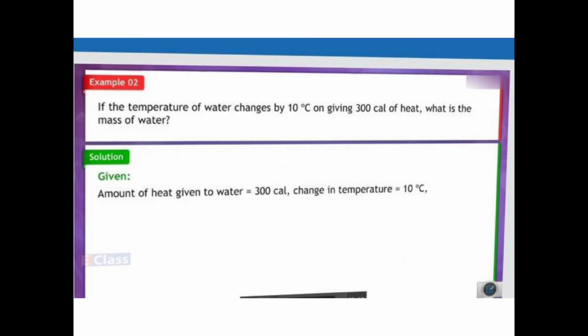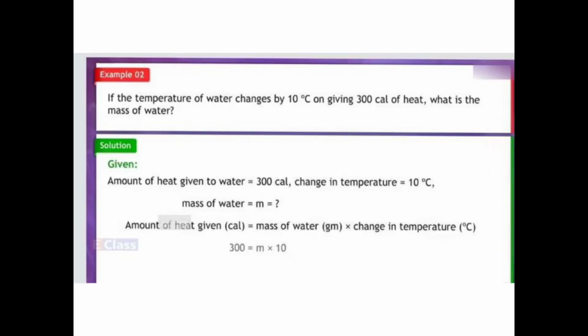It is how much amount of the water is there. So what is the mass of the water that you are going to find out. Okay, so amount of heat given to water is 300 calories and the change in the temperature is 10 degrees Celsius and you have to find out the mass.